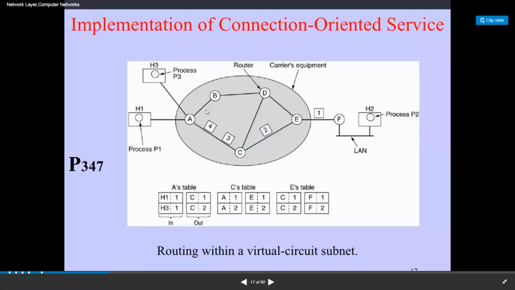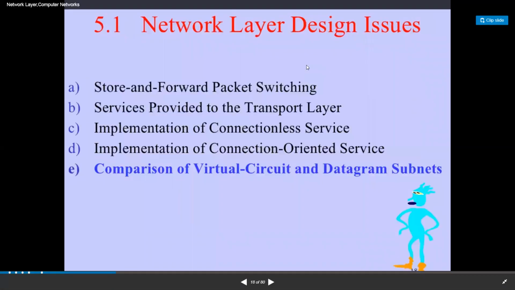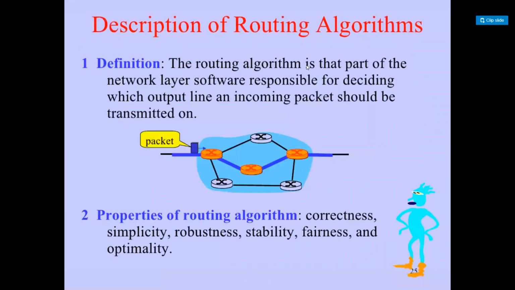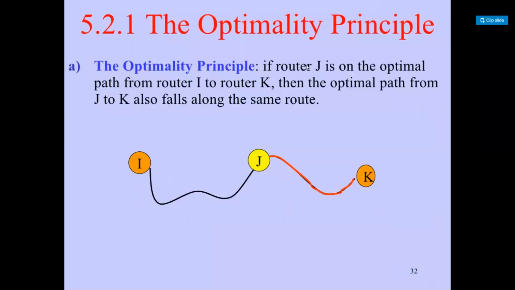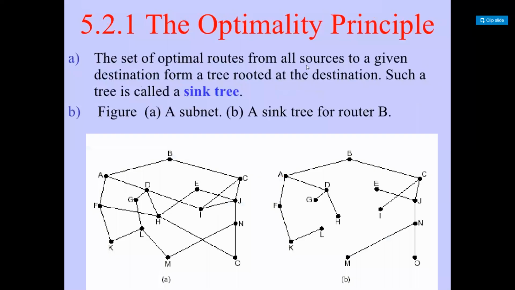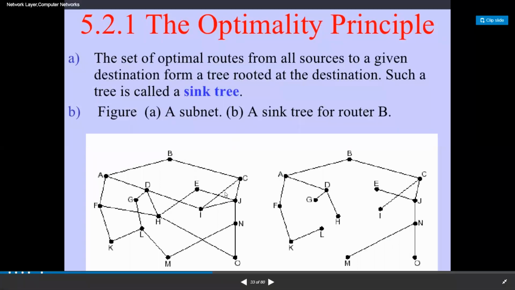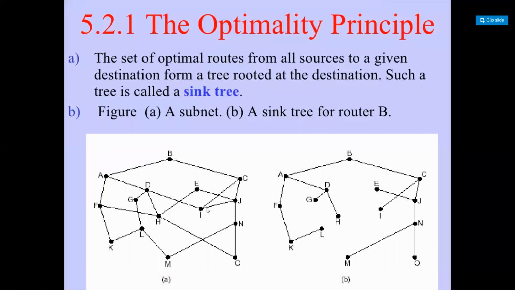This particular part, the carrier's equipment, is called the subnet. What does the subnet consist of? The subnet consists of routers. Okay. The first diagram is a subnet. In a subnet, we might have cycles, circuits. See here, I to C, C to J, J to I. This is a closed circuit. In a subnet, we have circuits.